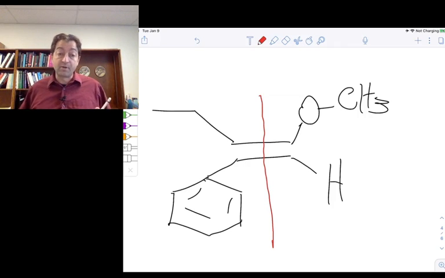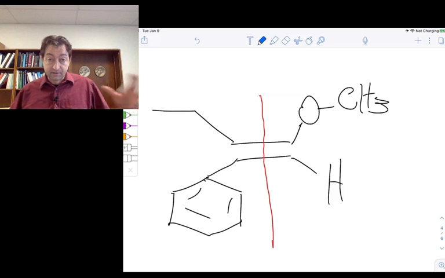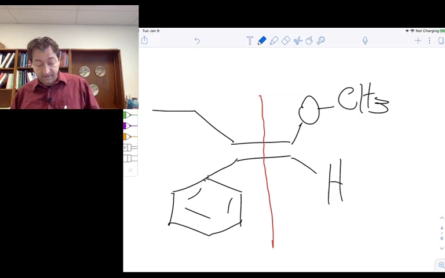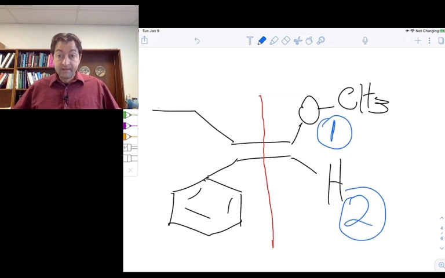Here, on the right side of the molecule, the hydrogen atom is the lowest priority element on the periodic table. That's going to be 2, and this will be 1 here. So the OCH3, because it's got the higher atomic number, is the higher priority substituent than the hydrogen atom with the lowest atomic number.